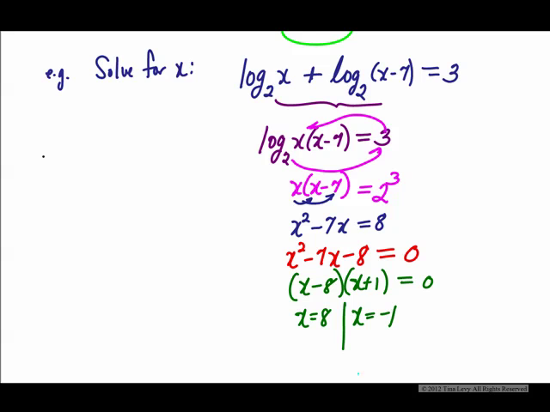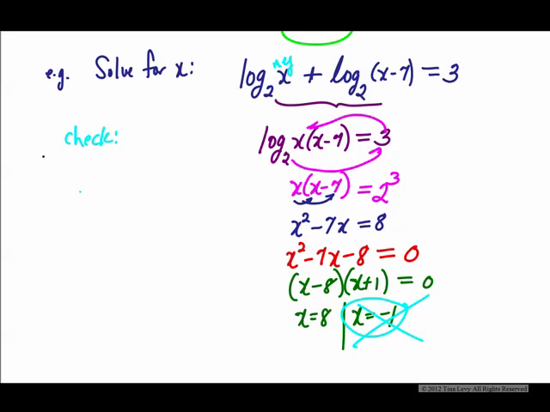So with this one, we'd like to check the answers. It turns out x equals negative 1 will not work because if we put a negative 1 up here, a negative is not allowed. So we cross that off, and the 8 will work. And we can check to make sure.